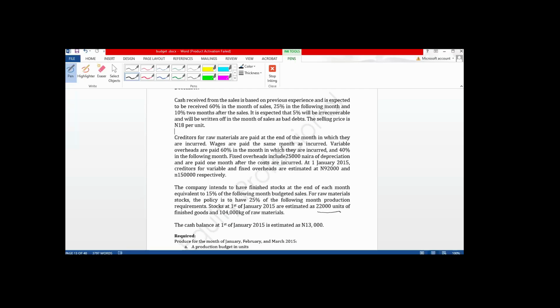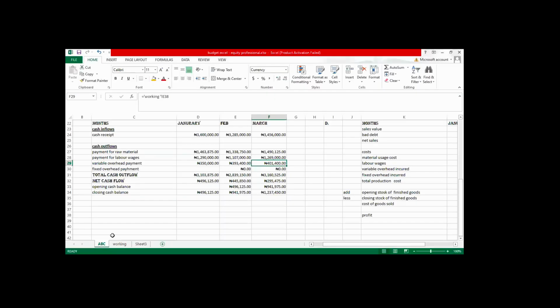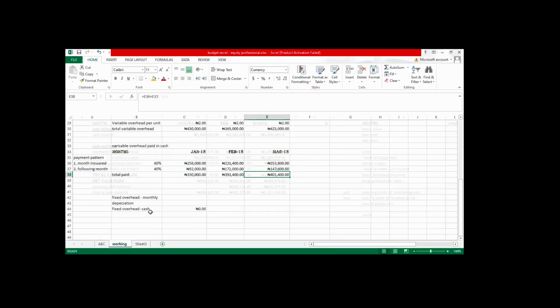Depreciation is a non-cash flow. That cannot be on your cash flow statements, on your cash budget. Look at the working here. Amount here is 200,000. Out of this money, you have depreciation 25,000.